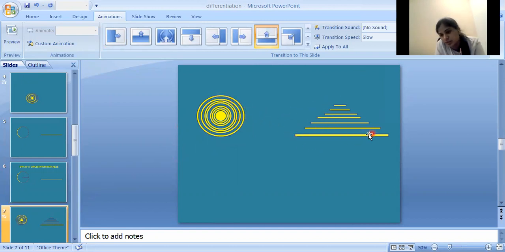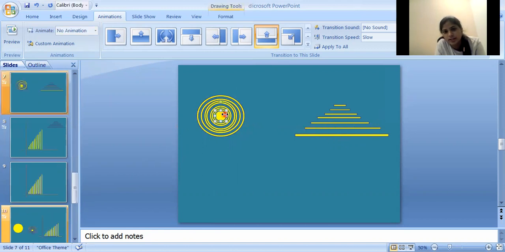The lengthier one is for the outmost circle, and for this one, the second one, and the innermost circle is the top. So I've cut each and every concentric circle and then I've straightened them out into rectangles.